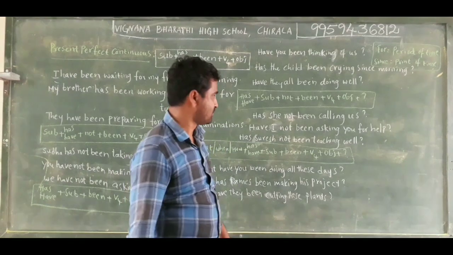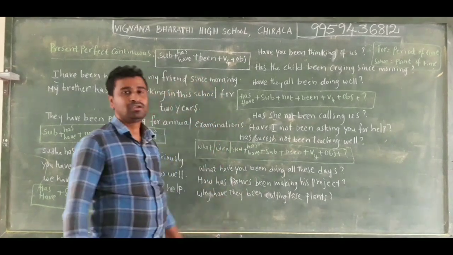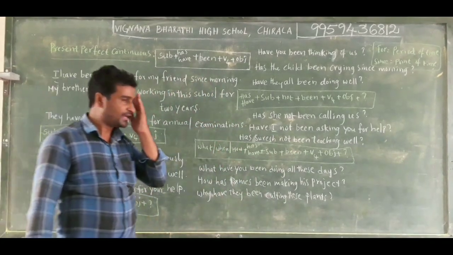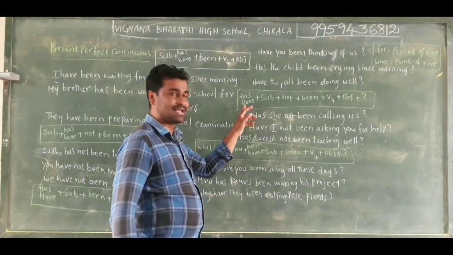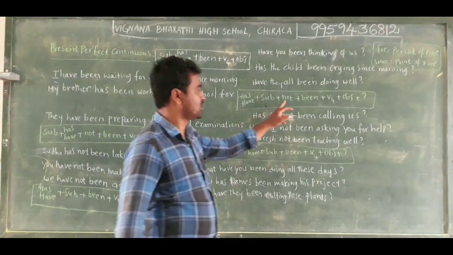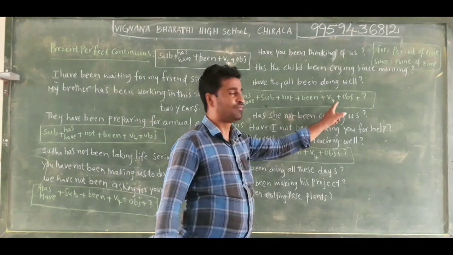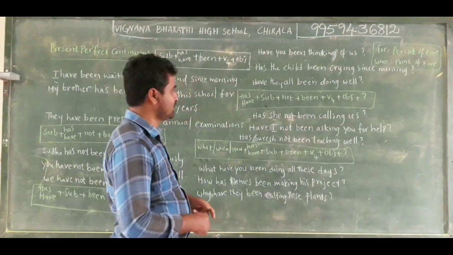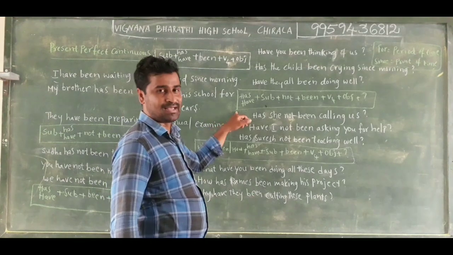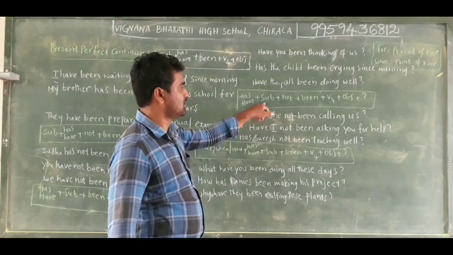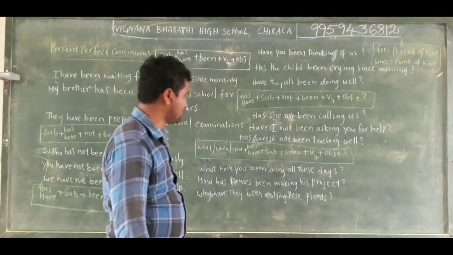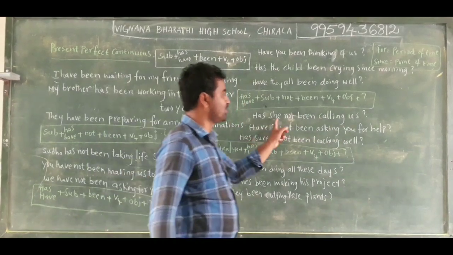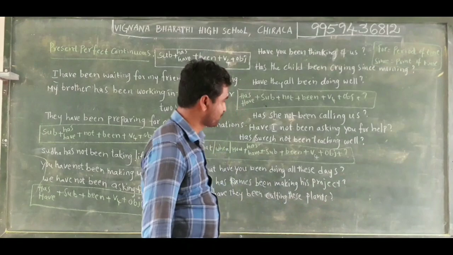and a question mark. Next, coming to yes or no type question, negative formation. Has or have, subject, not, been, verb 4 and object and a question mark. Has she not been calling us?